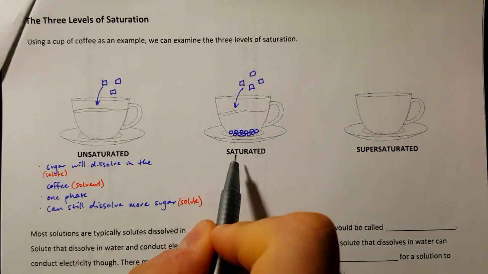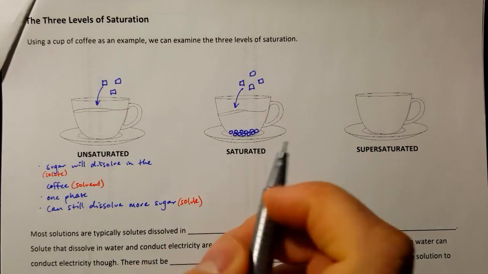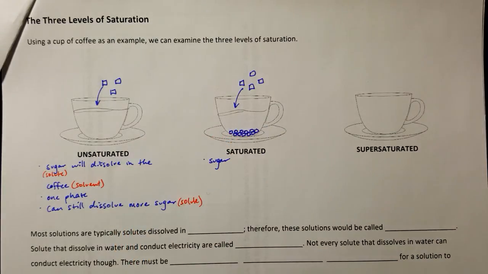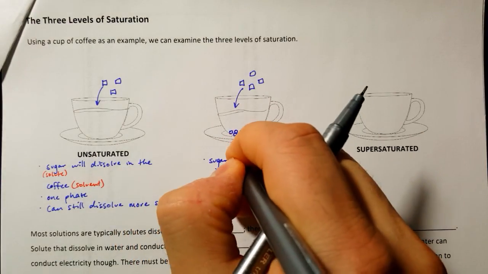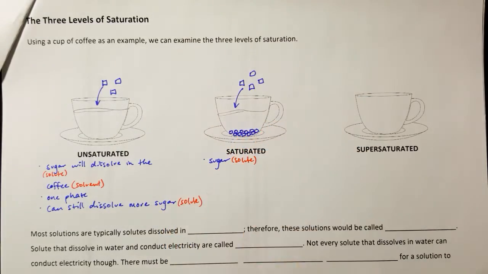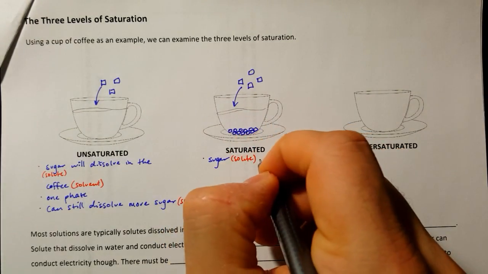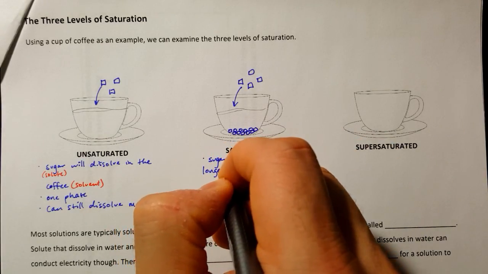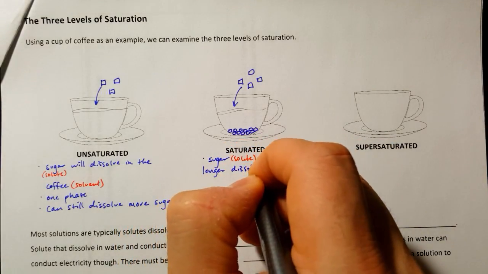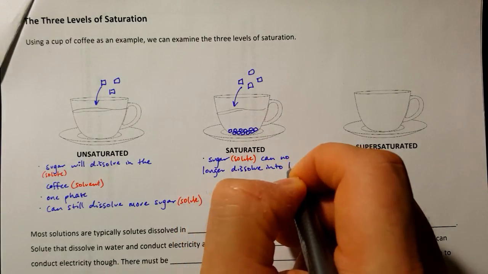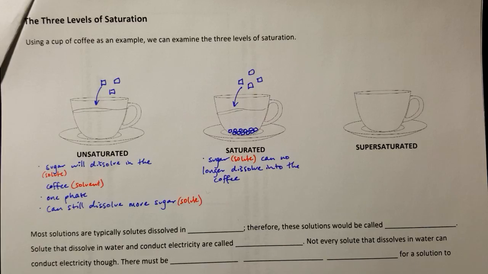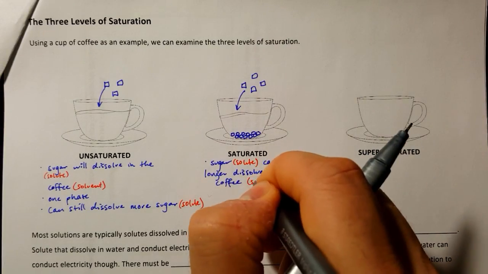So once you have reached a saturated solution, the sugar, which is your solute, can no longer dissolve into the coffee, which is the solvent in this example.